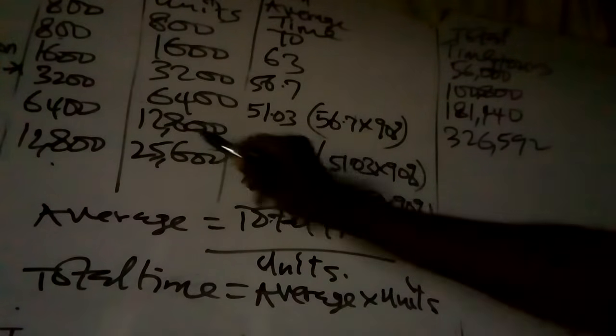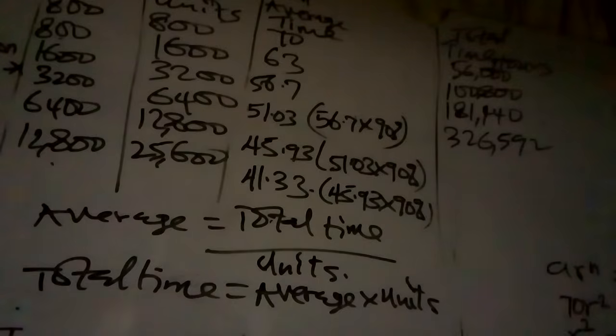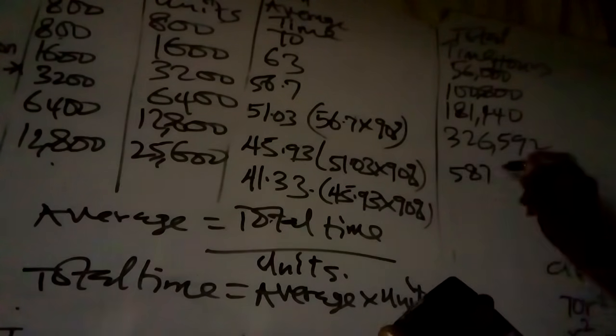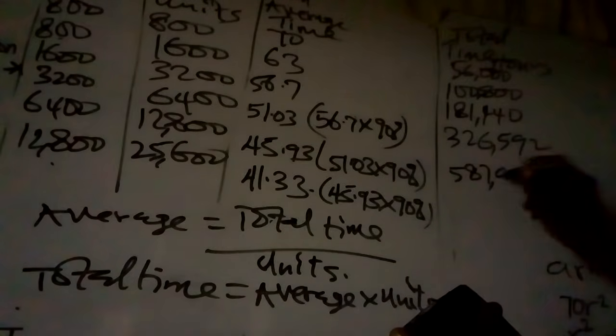Then we have 12,800 times 45.93, which gives 587,904.